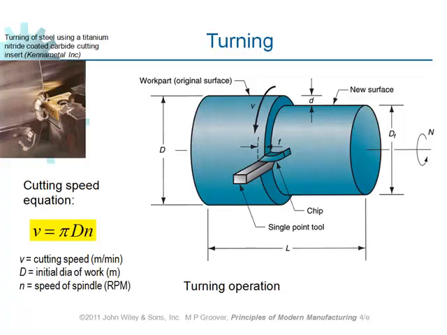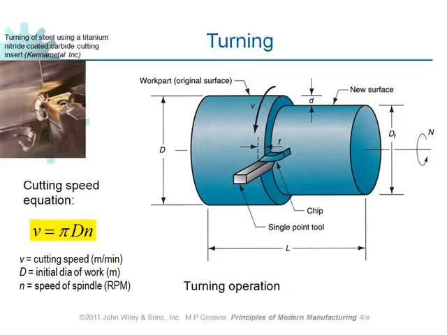It's the same. D0 or capital D refers to the initial diameter of the rotational workpiece. Don't confuse this with final D, which is left on the workpiece once it is produced. DF stands for final geometry.